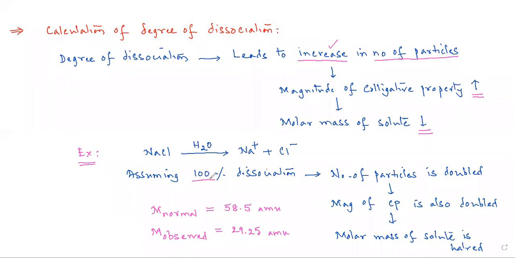But see, every time it may not be this 100%, right? Then what is the percentage of the reactant that has undergone dissociation? That can be calculated.